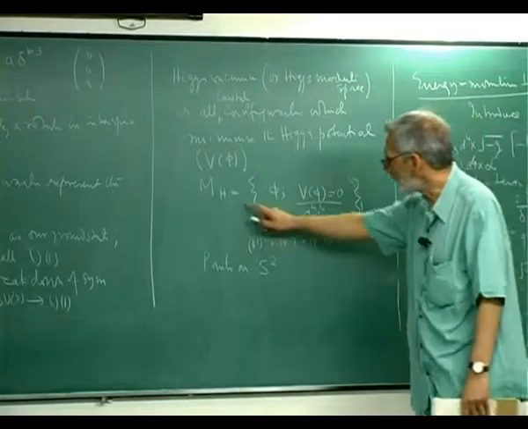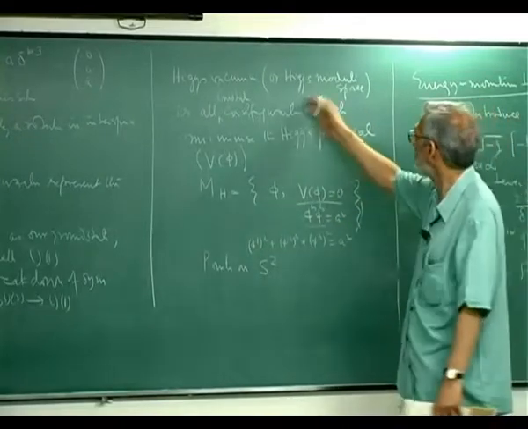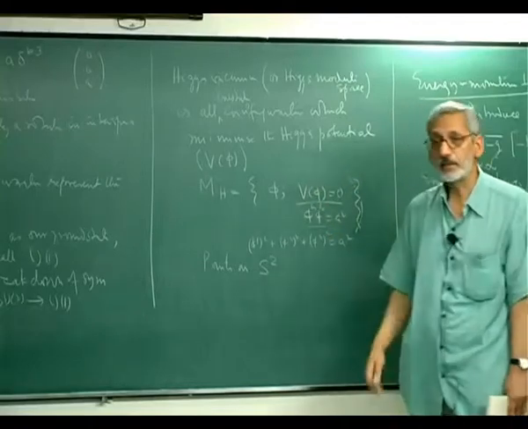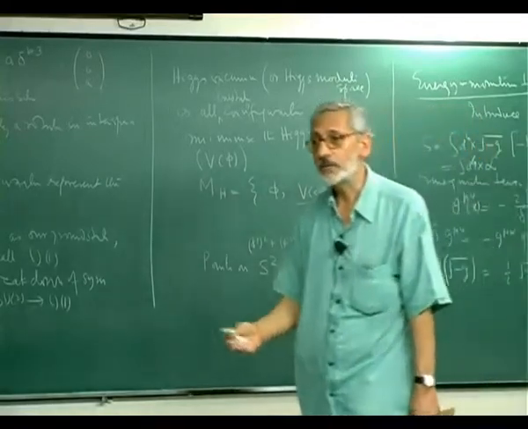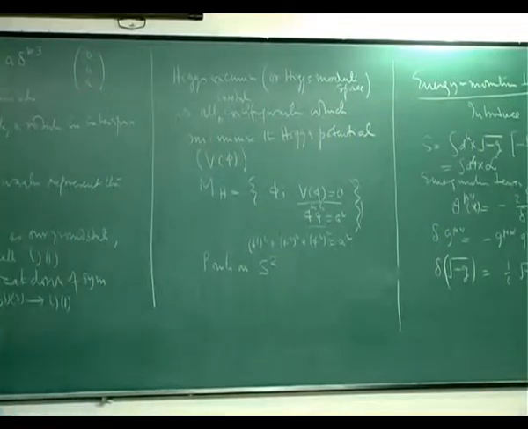So the moduli space of the ground state, or Higgs moduli space, is described by points on S2. It's an infinite space because points on S2 are infinitely many. And from one point to another point, you can go over by an SU2 rotation.